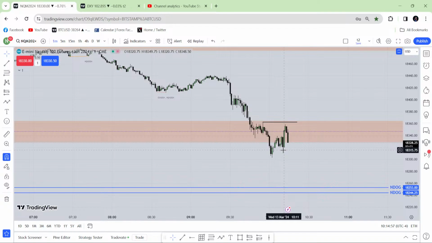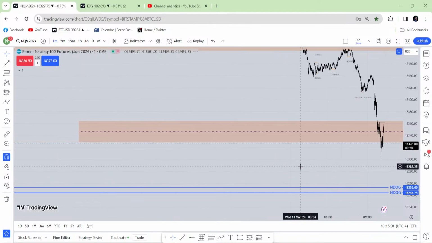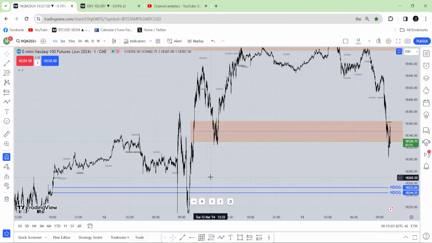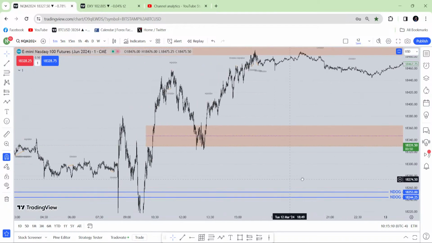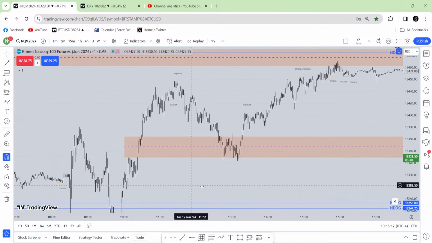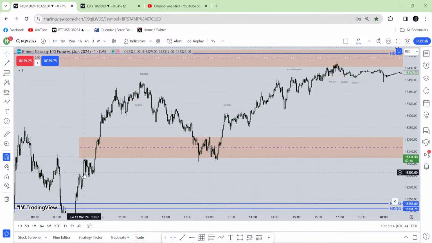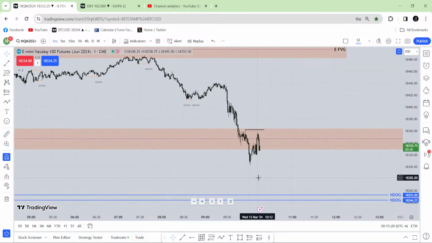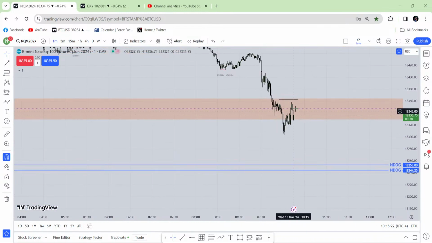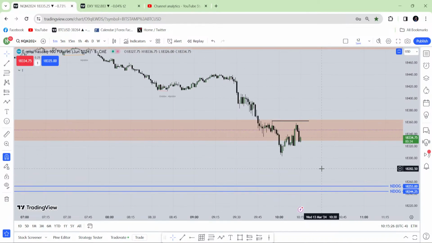It retraced from the last 1 minute parallel gap consequent encroachment. Yeah, you're right, but as I explained, overall I'm bearish. This is just a reaction, nothing else.